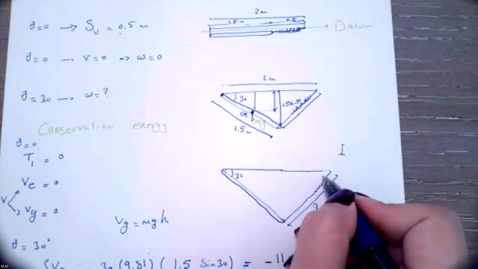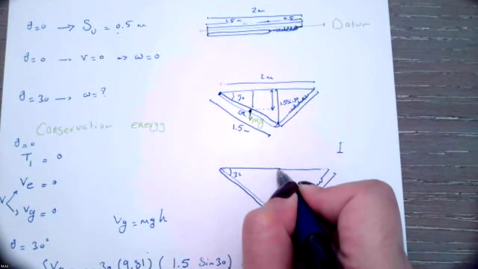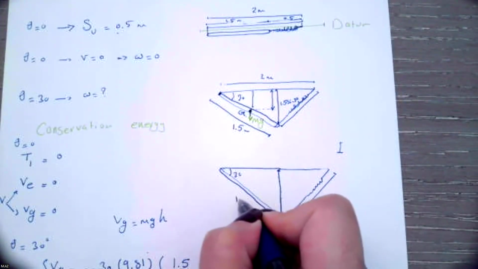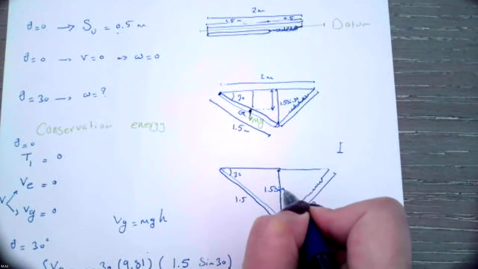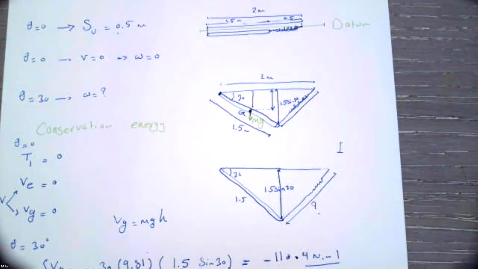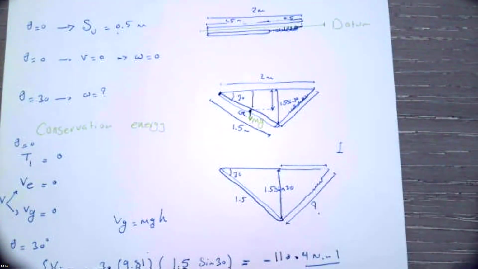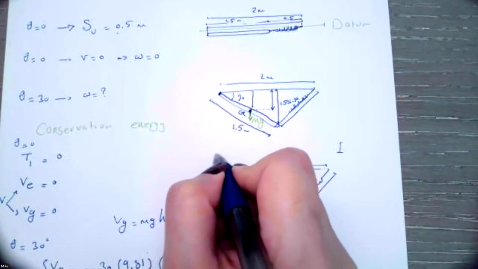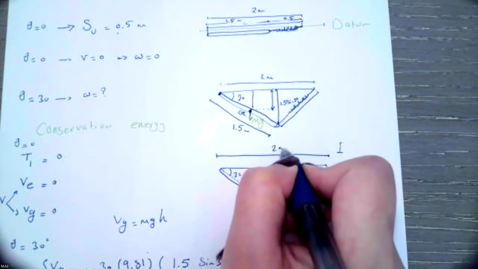For finding this length, we need to know what this height is. This is 1.5 sine 30. How about this length? We know that the whole length of the system is 2 meters.